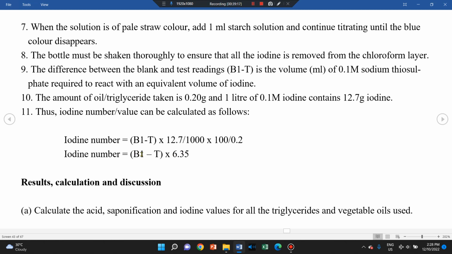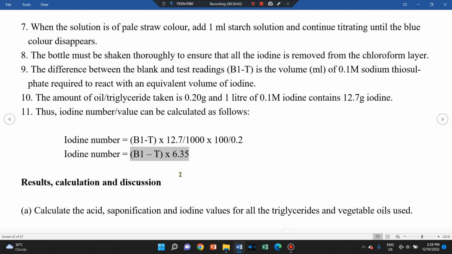Put in the volume of sodium thiosulfate used for the blank from the titration, and also how much sodium thiosulfate you used to titrate the oil preparation, do the summing, and then you get the iodine number.